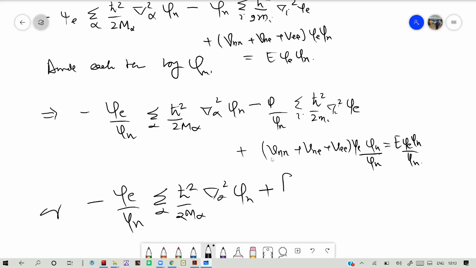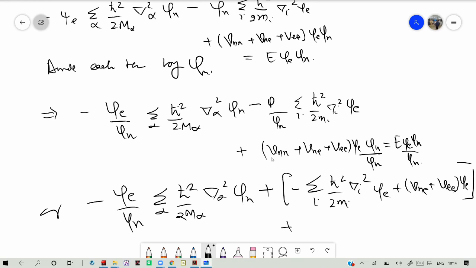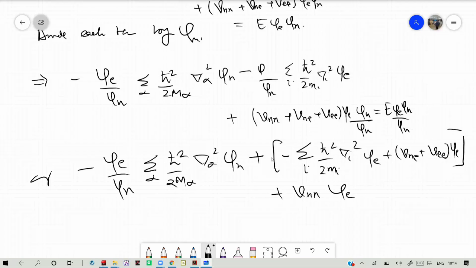Plus minus summation of I h cut square by 2m delta I square. It is psi E here plus VNE plus VE E plus psi E.